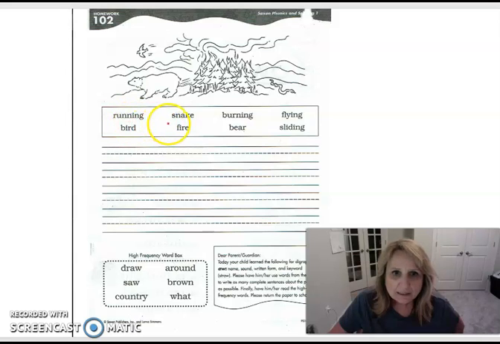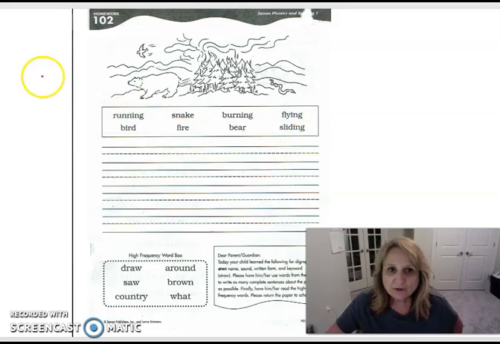Running, snake, burning, flying, bird, fire, bear, sliding. I would like you to write 3 sentences today using the words that are in this list, okay?